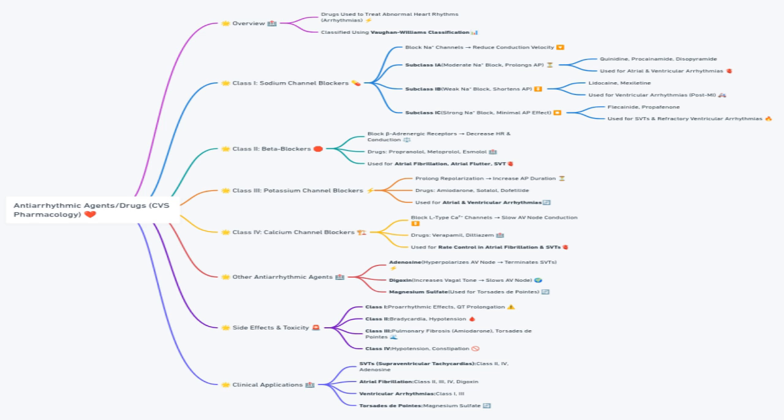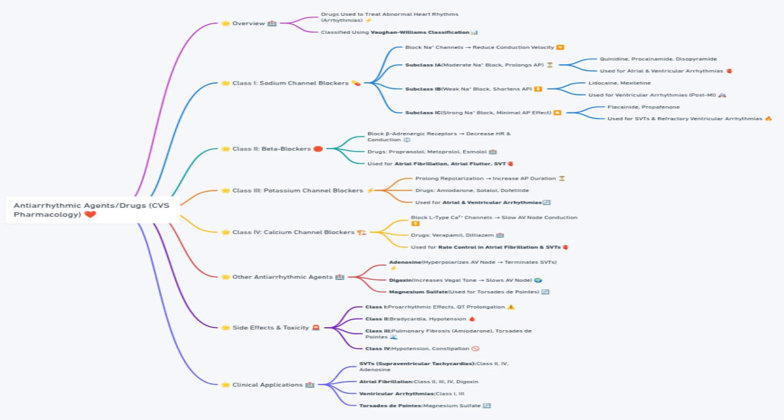So the classification: class 1 action is sodium channel blockade, with the subclass reflecting the effects on the action potential duration, APD, and the kinetics of sodium channel blockade. Class 1A action prolongs the APD and dissociates from the channel with intermediate kinetics.